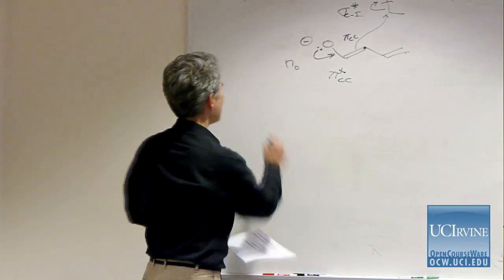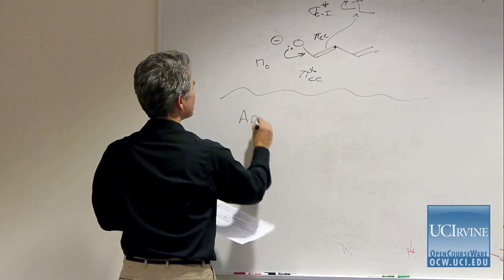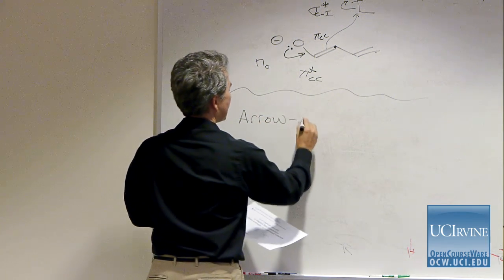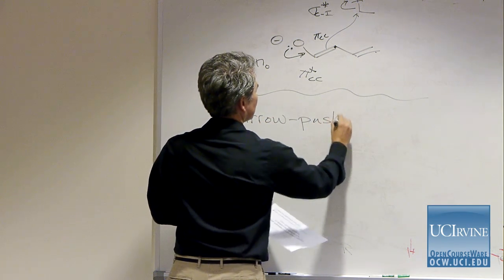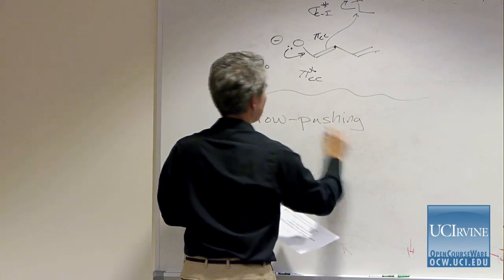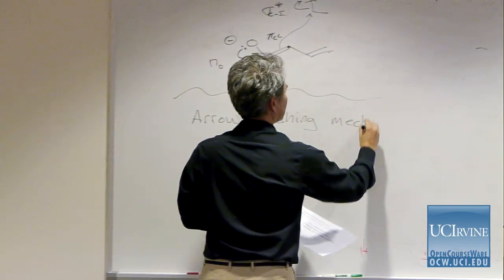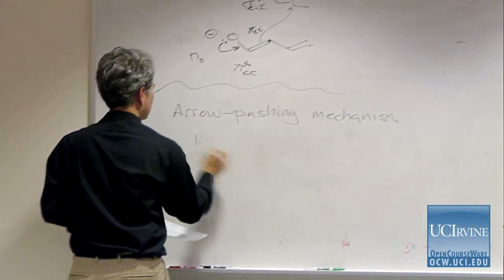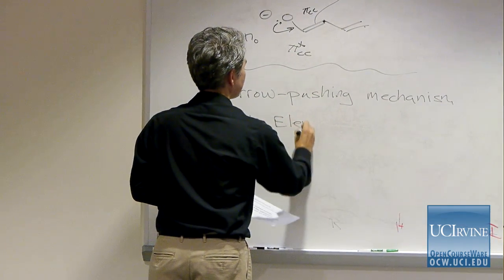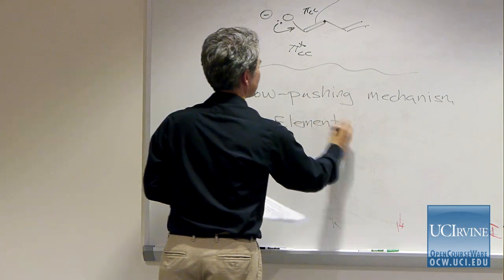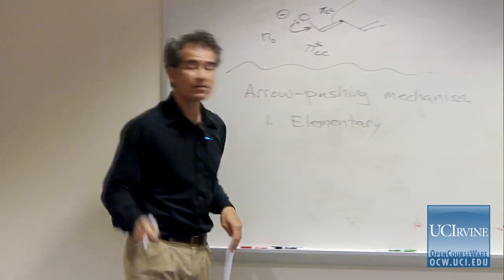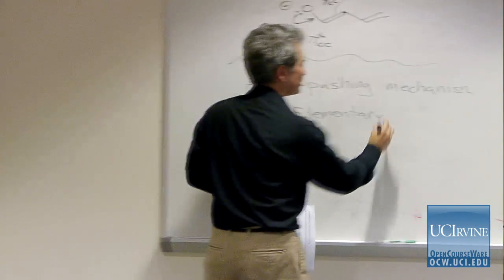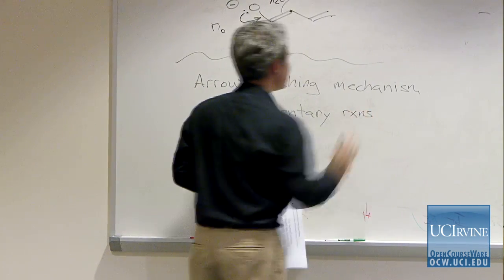Let me remind you of what our goal is for this class. Our goal is to break down reactions and draw arrow pushing mechanisms. Every arrow pushing mechanism should be composed of a series of elementary reactions. That's reactions that have a single transition state.